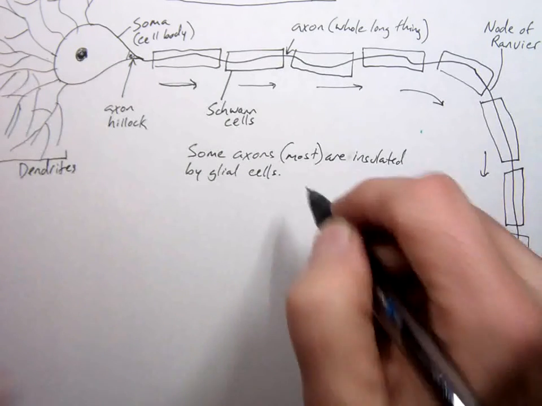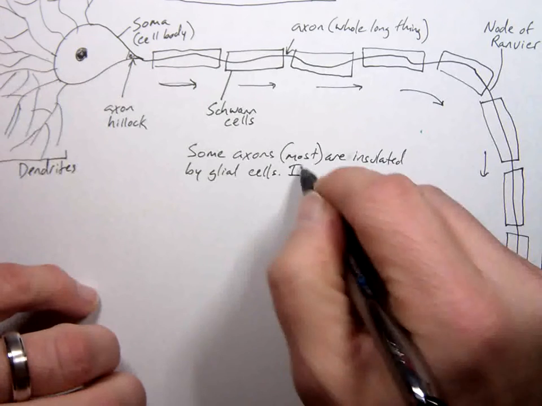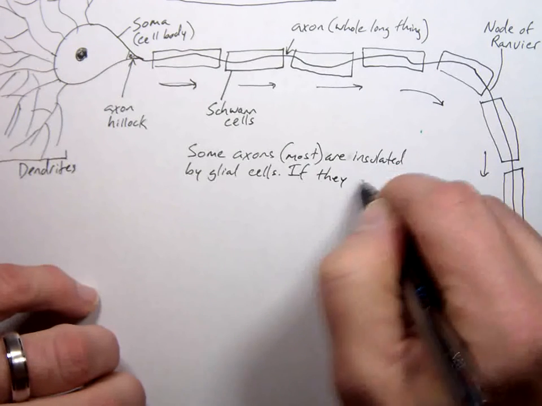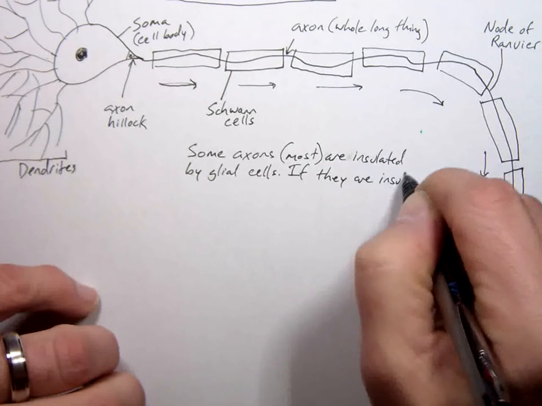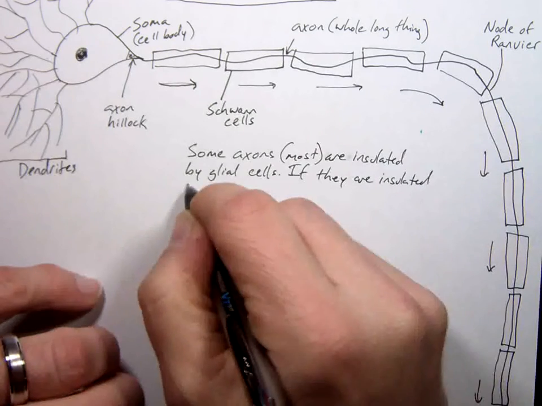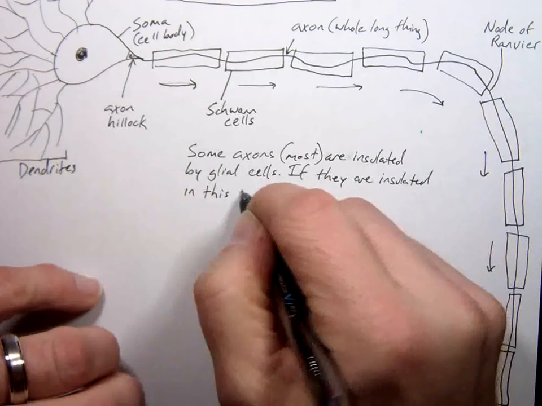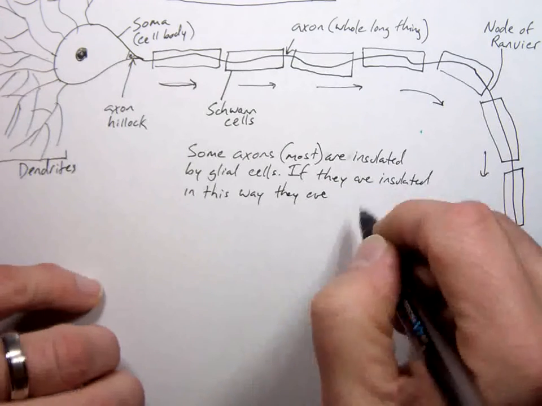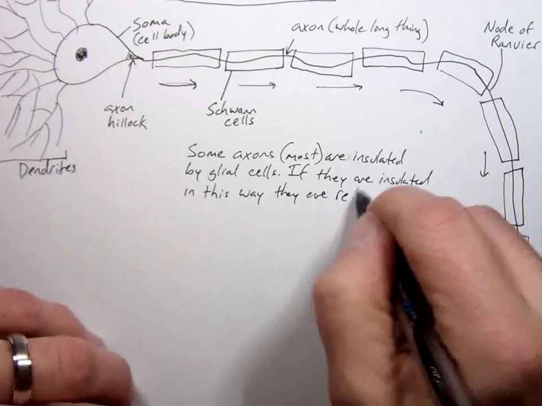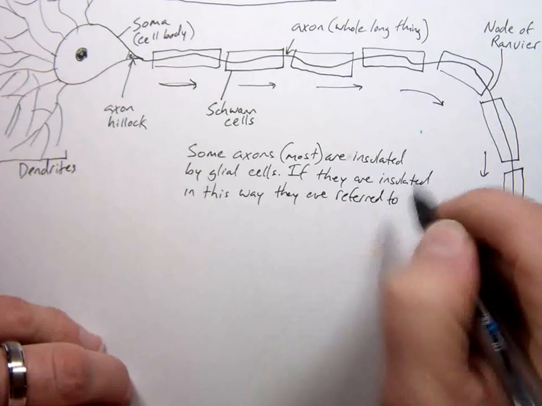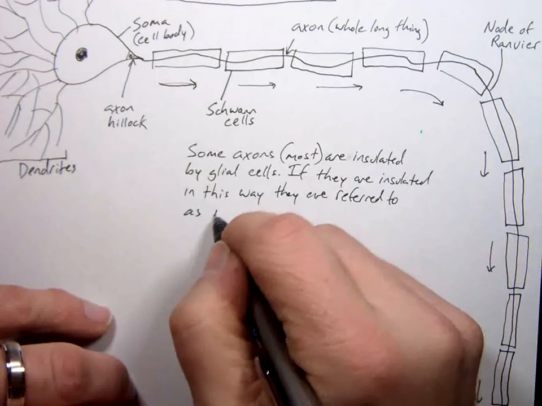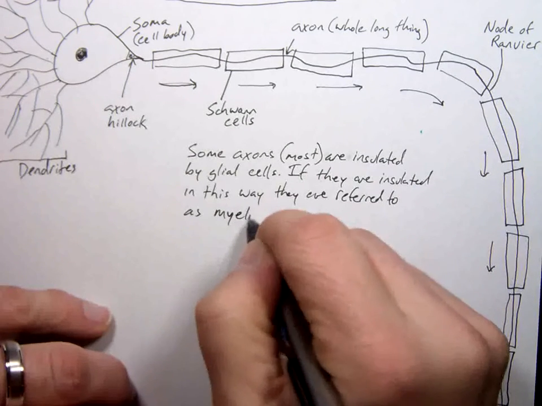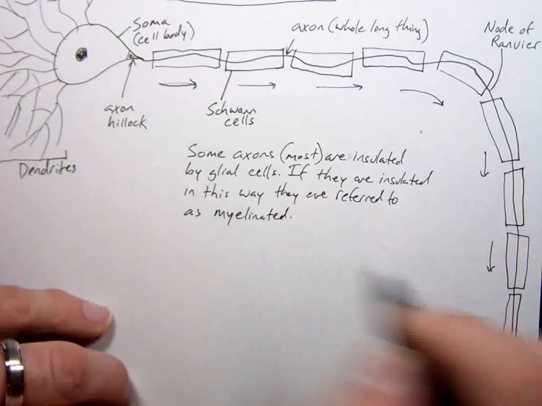If, and this is to clear up terminology, they are insulated in this way, they are referred to as myelinated. They're referred to as myelinated.